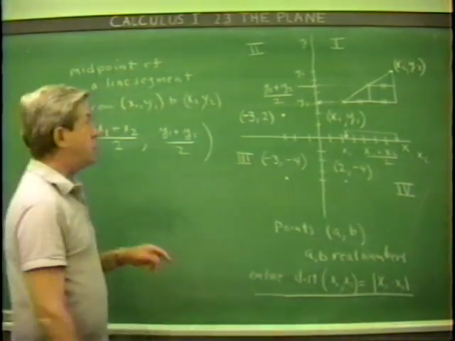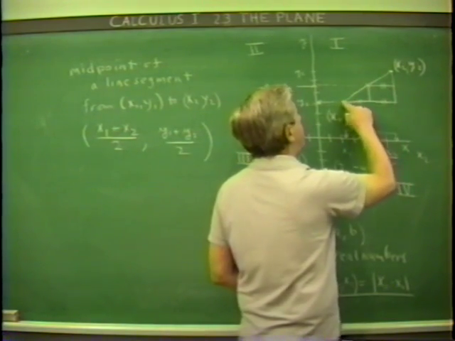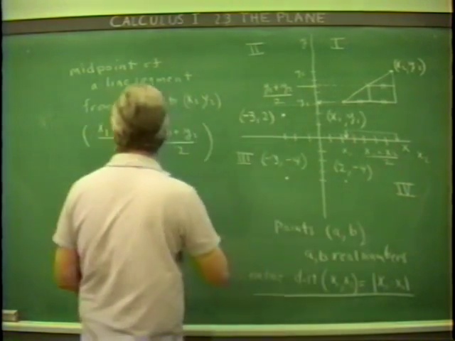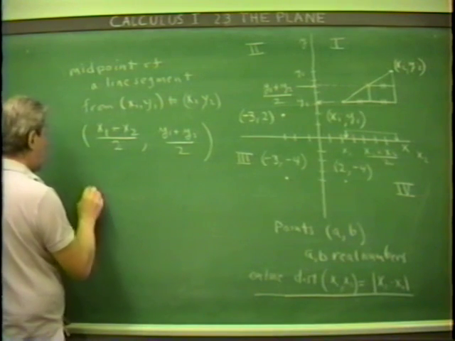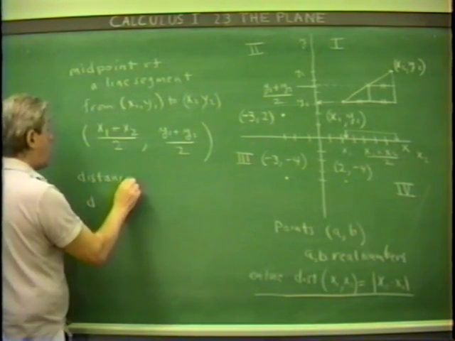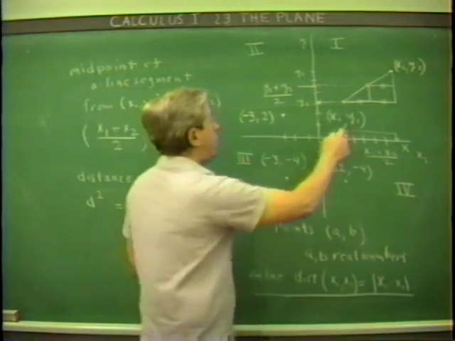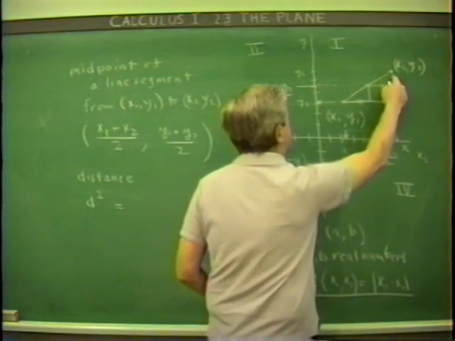Now what about the distance between these 2 points? Well, by the Pythagorean theorem, this distance here, we write it as d, this distance squared is going to be equal to this distance squared plus this distance squared.